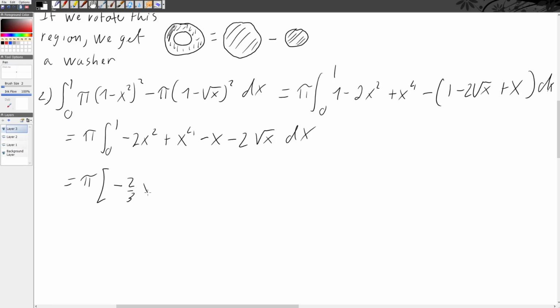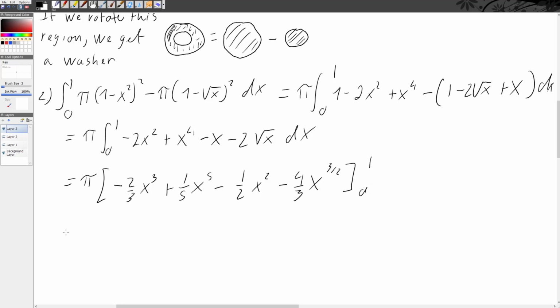Minus 2 over 3 x cubed plus 1 over 5 x to the 5th minus 1 over 2 x squared, and the integral of that last term is plus x to the 3/2, and then divide by the new exponent, so it's going to be 4 over 3.